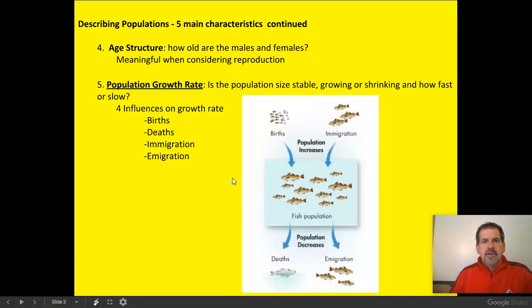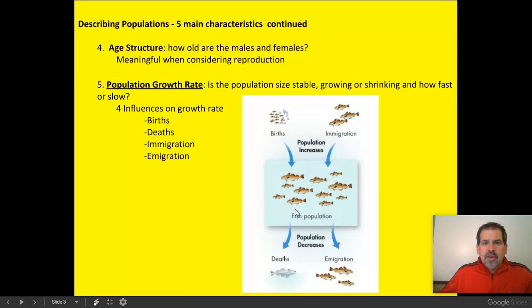All right, so I do want you to take a second and draw this graphic. You don't have to draw the little tiny fish, but I do want you to just make a square and put in a few fish, 3 or 4 or 5 fish. They don't have to be anything fancy. And then just draw in these arrows and label them births and immigration with population increases.